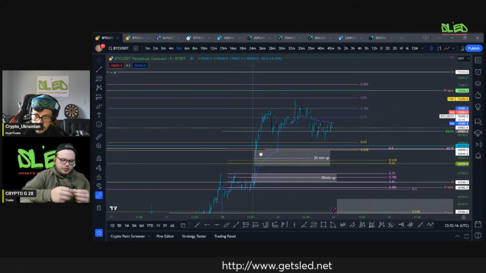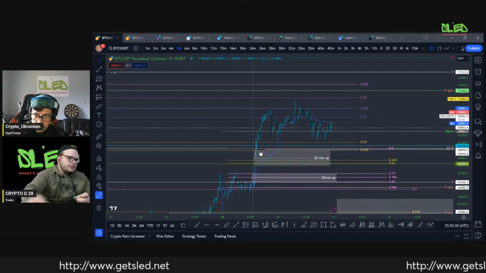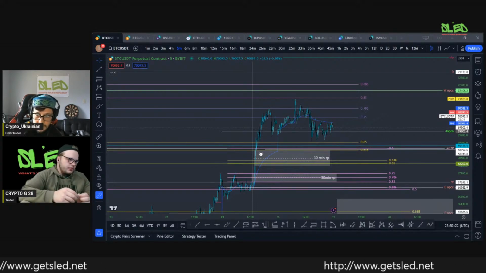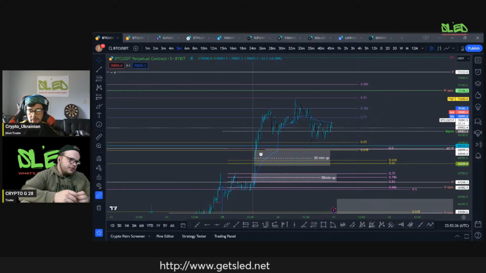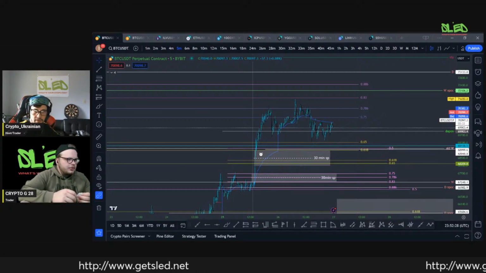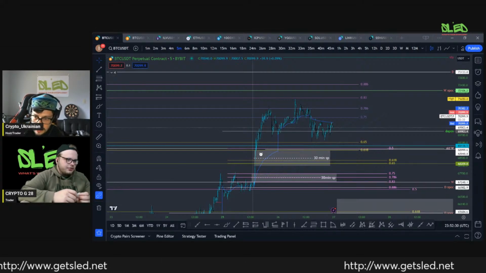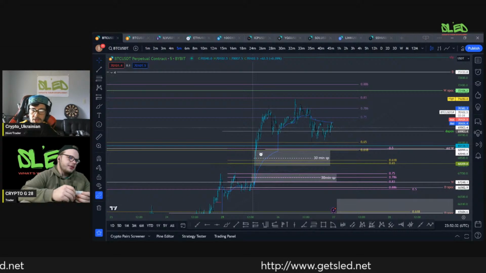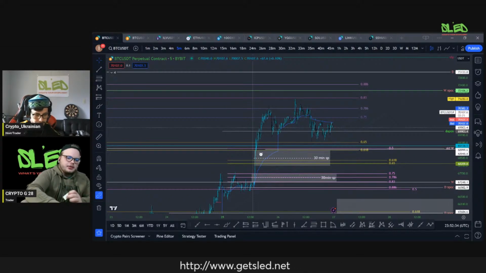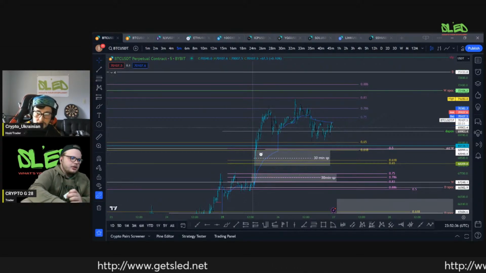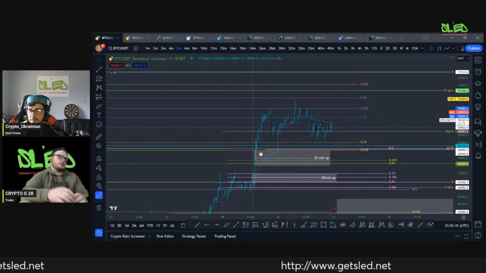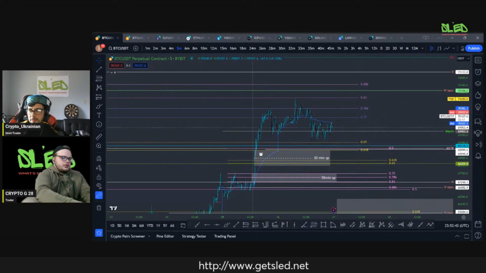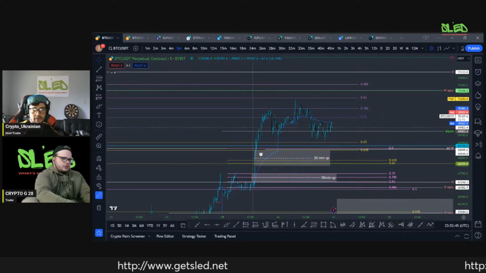Do you have anything correlating with the yen? 63,648. Yeah, it's a very, very major level. Major level for a bounce up. 648, major level.